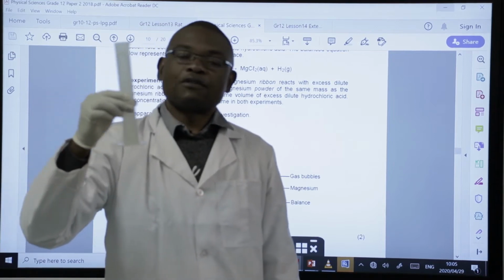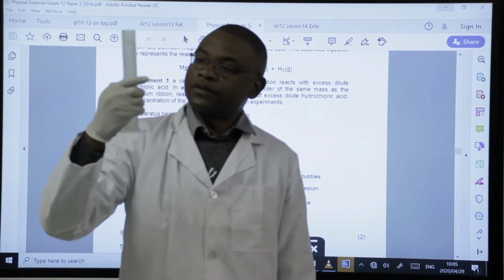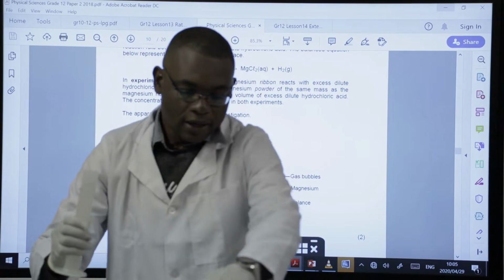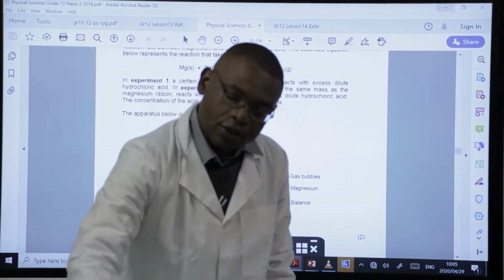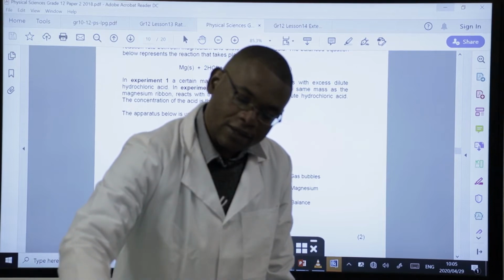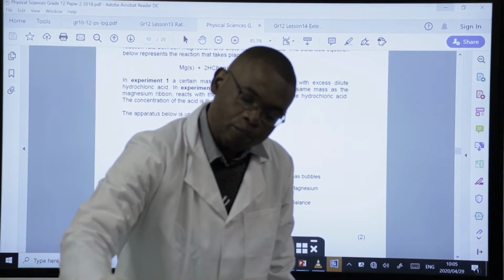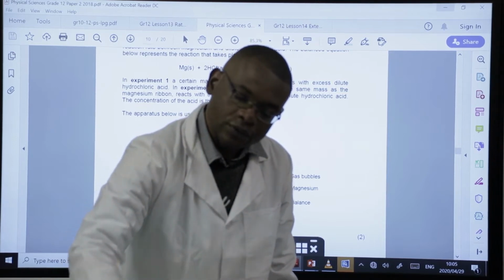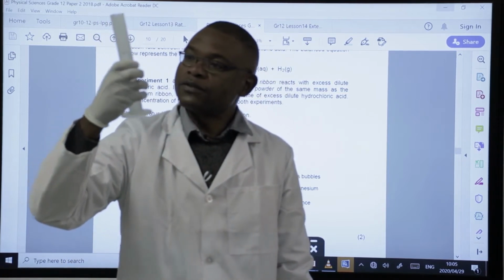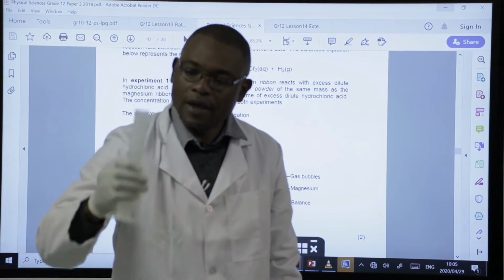And I'm going to transfer 50 mils of this solution into a 250 ml conical flask like this. Okay, my 50 mils goes down to there.